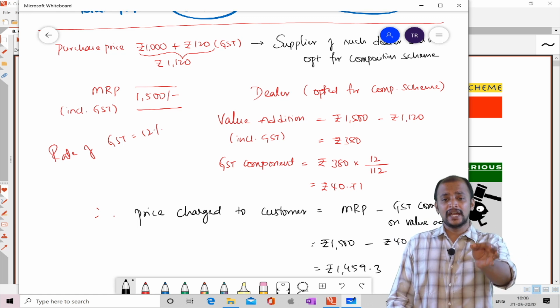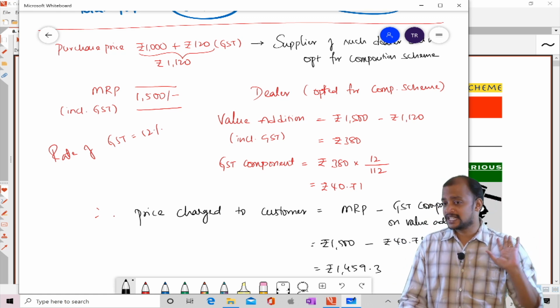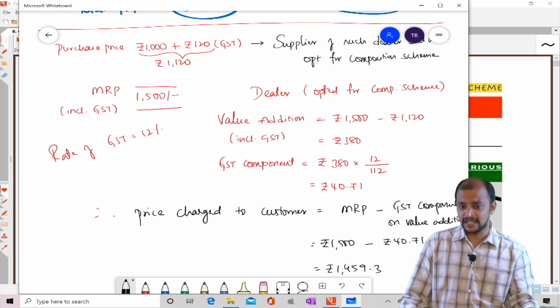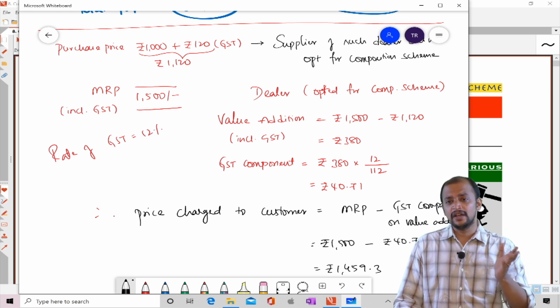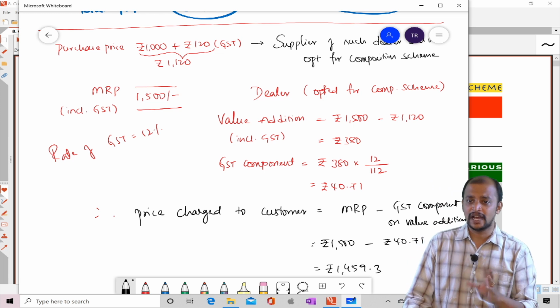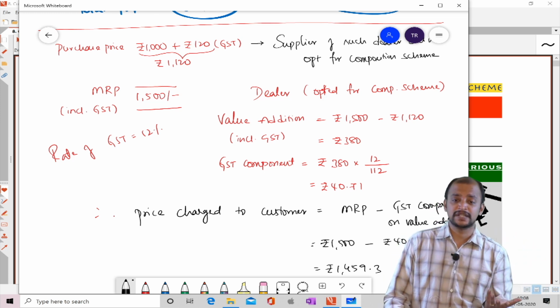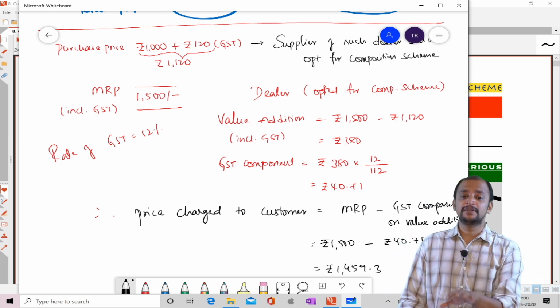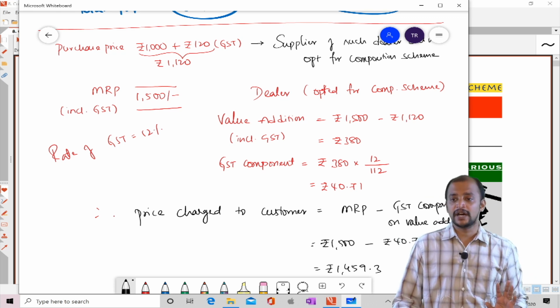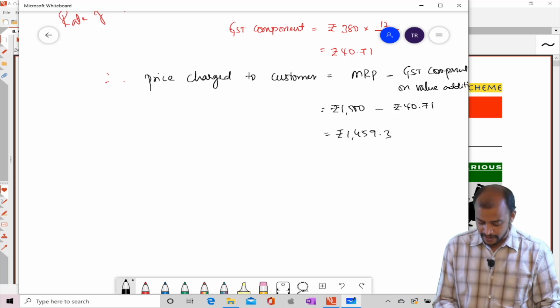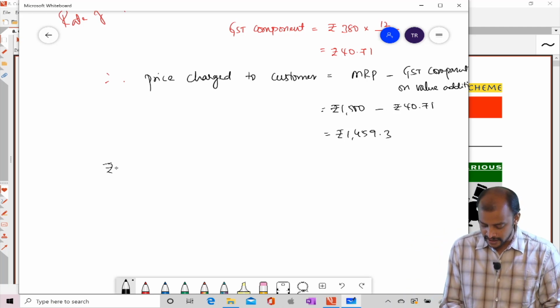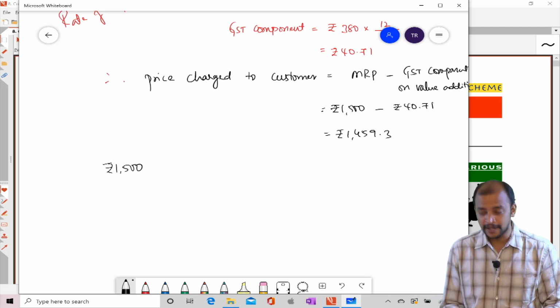That is, you take MRP and you take purchase price, MRP minus purchase price into 100 divided by 112. That should be the value addition. Now you add it back to the purchase price, or into 12 divided by 112 you take out of the MRP. That's simple. So for explaining I gave this big way, otherwise it is very simple. So that is 1500 MRP.